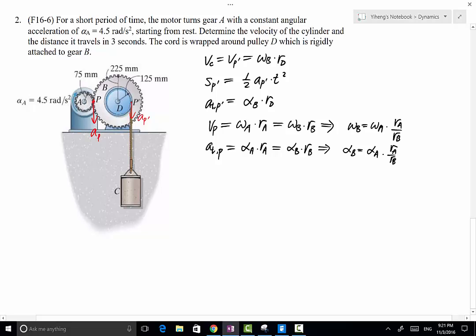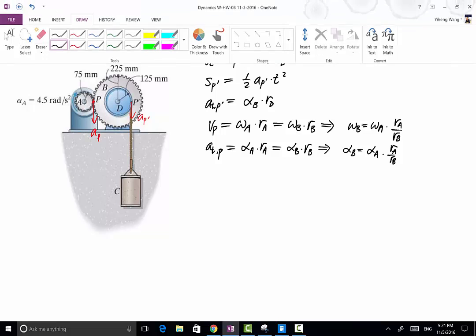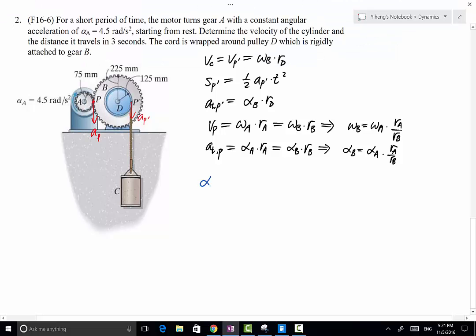So now we know that alpha A is a constant 4.5 radian per second squared. Therefore, from here, using different colors so it's clearer, alpha B equals 4.5 times 75 millimeter over 225 millimeter.